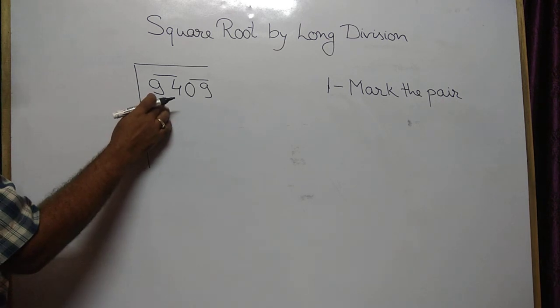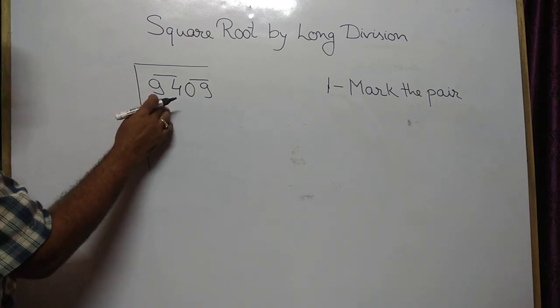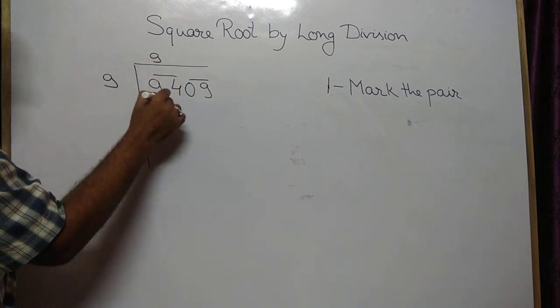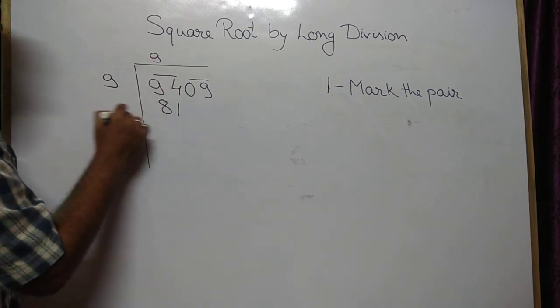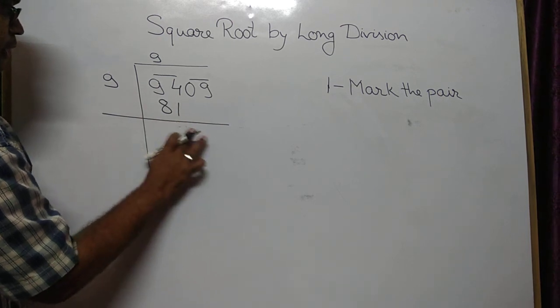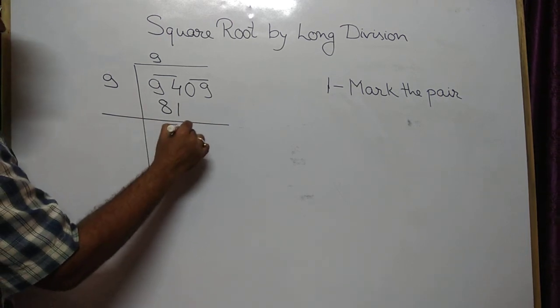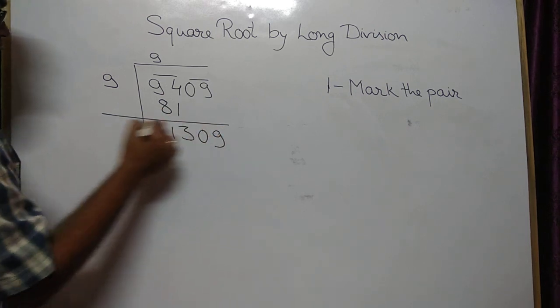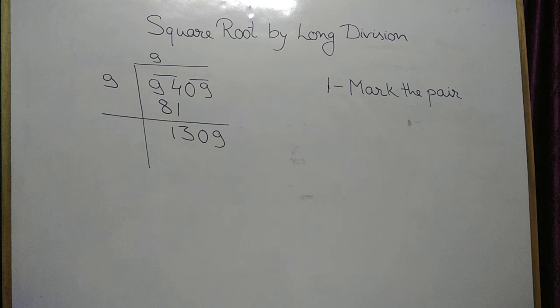Here we can write 9 9s are 81, 10 10s are 100. So it is 9 9s are 81. We subtract as usual. 94 minus 81 is 13, bring down this 09. This is your second step.